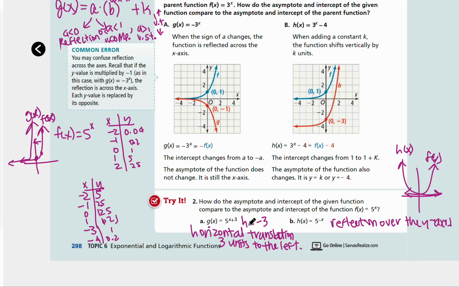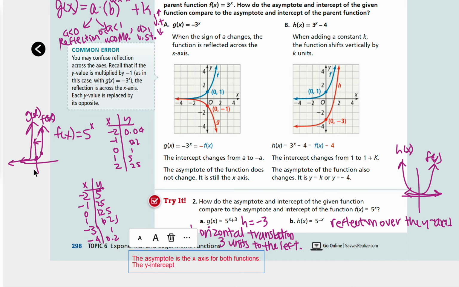And so how do the asymptotes change? For part A, let me type this. The asymptote is the x-axis for both functions. And then does the intercept change? Yes, the intercept changes from 5 to 125, right? So the y-intercept in this case is translated from 5 to 125.